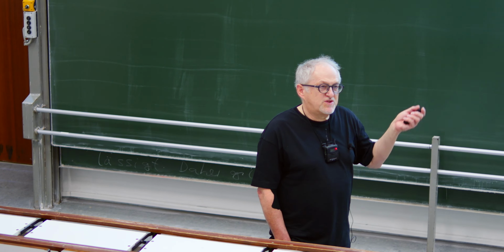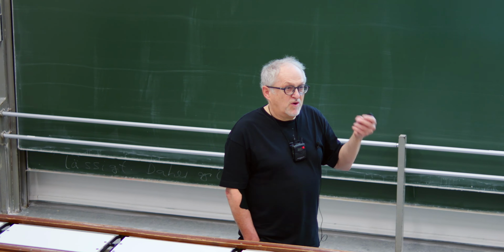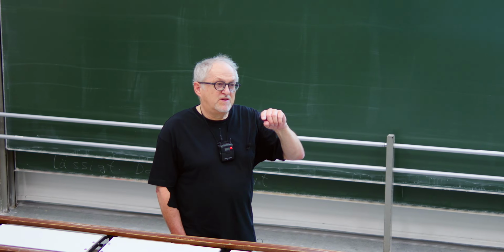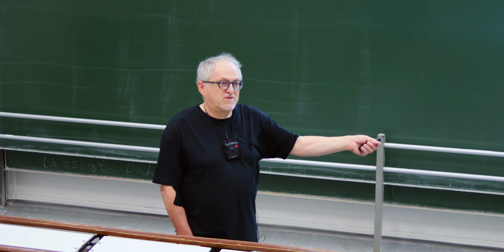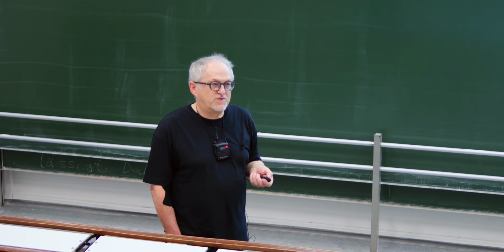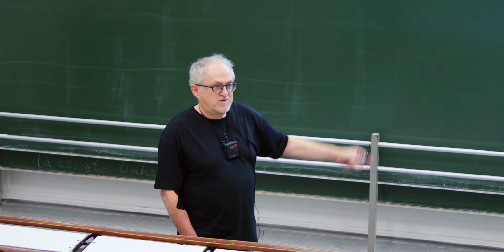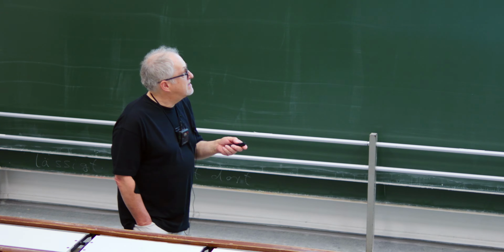So here I choose those that will contribute to the renormalization of the mass and the renormalization of the phi to the fourth term. So good point. Thanks for noting this. I selected those.